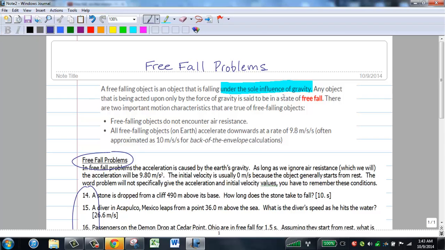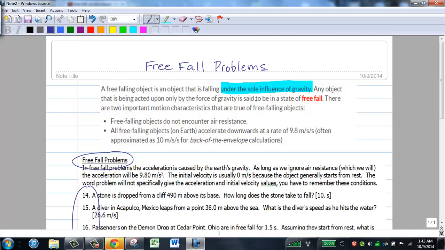Most of our problems, when objects are falling, will take place on the Earth. Objects can fall other places in the universe, and they will be subjected to other gravitational pulls, and they could be said to be in free fall in those other locations. But most of our problems are going to take place on Earth, and so we will be considering the force that is the Earth's gravity.